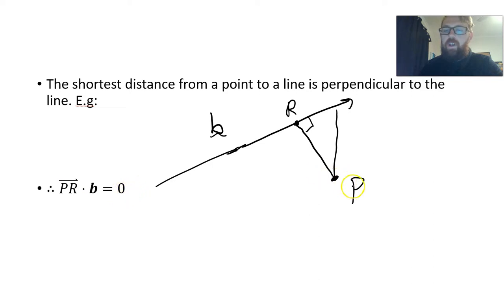So if I drew a line from P to R, we'll call it PR, that's a vector, and I've got my vector B going that way. If I did the dot product of those two, because they're perpendicular, it's going to equal 0, and that's going to allow us to work out a lot of really neat things.